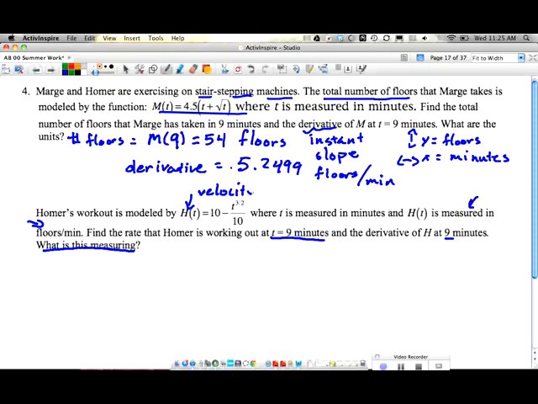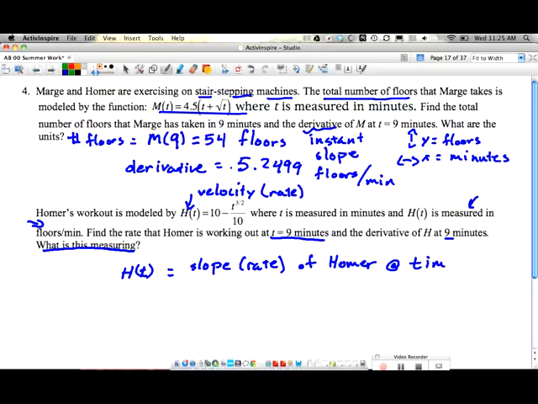It is a slope. So that's kind of weird, because we don't have to find the slope by taking that whole measurement of the slope. All we've got to do is plug it in. So h of t is equal to the slope, or the rate, of Homer at time equals t.